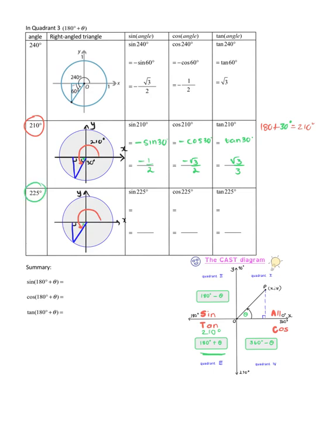225. So 225, we need to rewrite as 180 plus something is equivalent to 225 degrees. So I know that if I add 45 degrees, so the angle here in our sketch, this will be 225, and the little acute angle that we form, that's going to be 45 degrees.